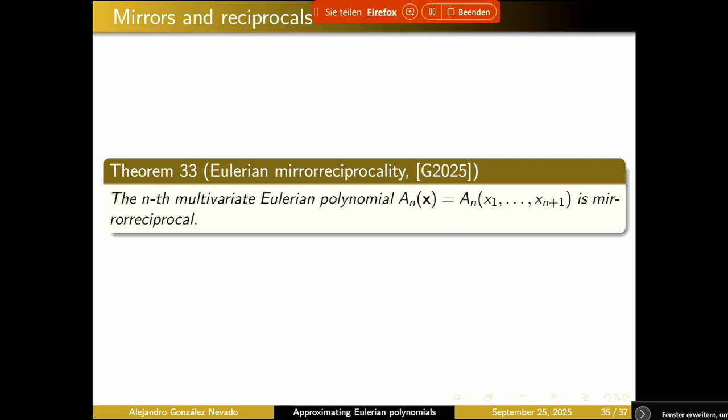The Eulerian polynomial A in one variable, of degree n, is palindromic.